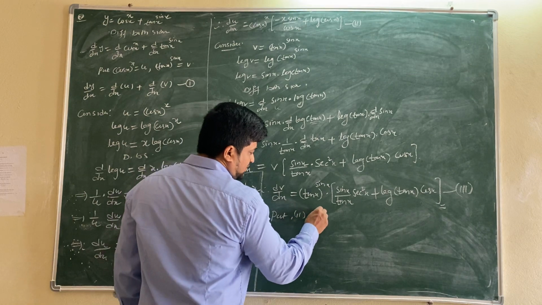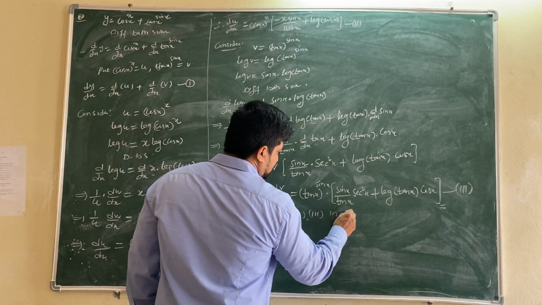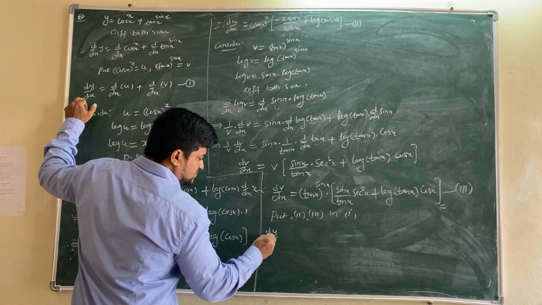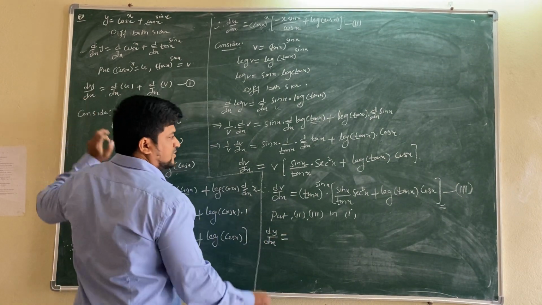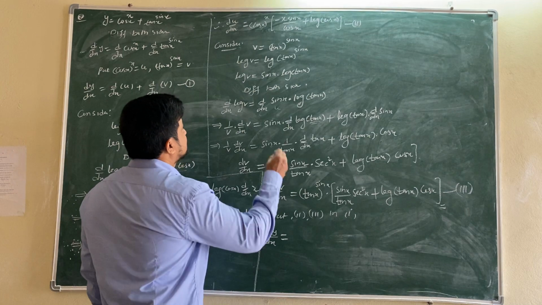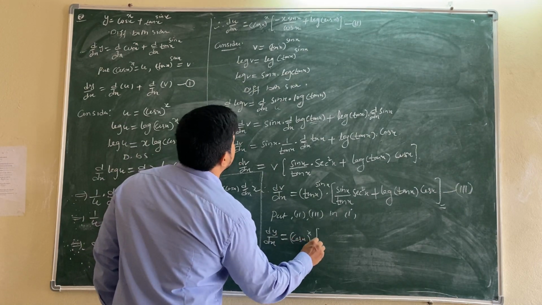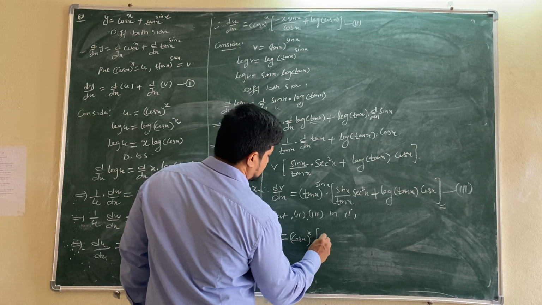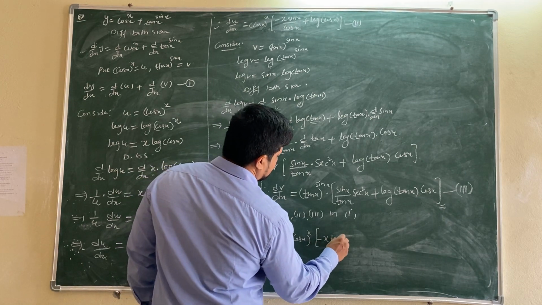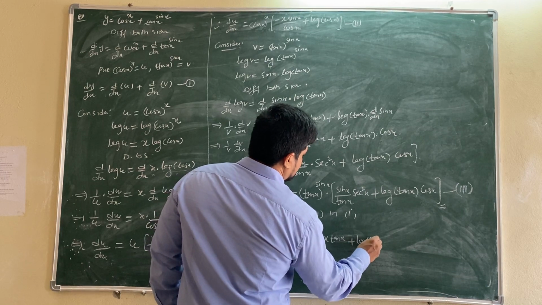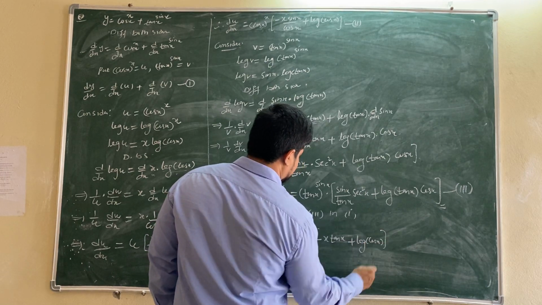Substitute 2 and 3 in 1. So dy by dx equals the first part, cos x power x, into its bracket. Those who don't know the formula can write it as it is.